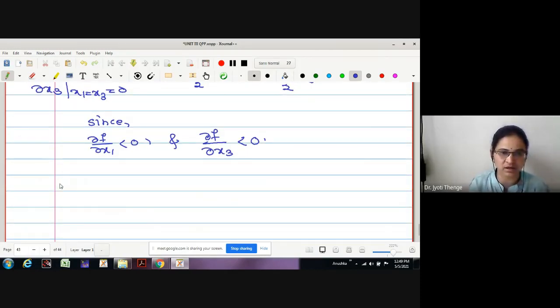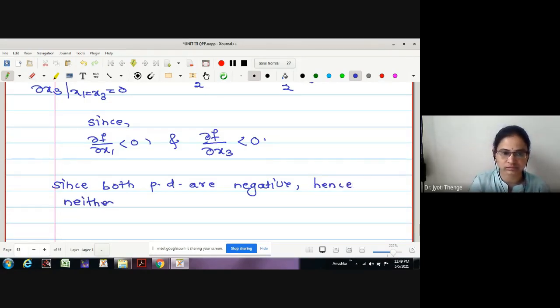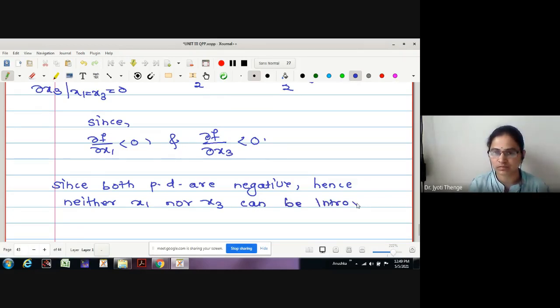Let me write the statement here. Hence, both partial derivatives are negative. Hence, neither x1 nor x3 can be introduced to increase f of x, or zx, we have.